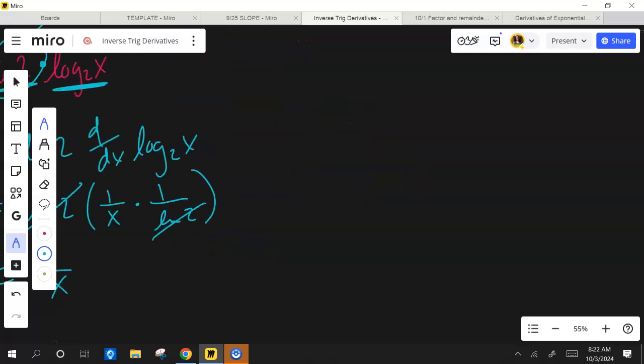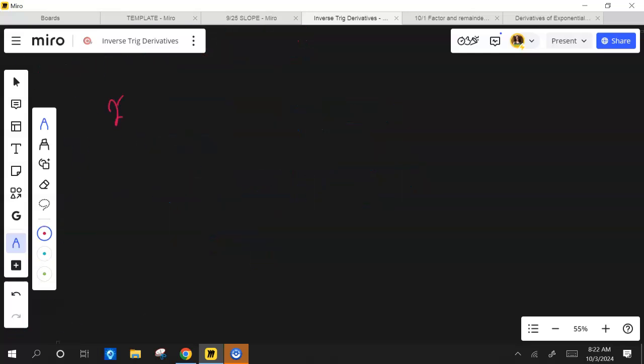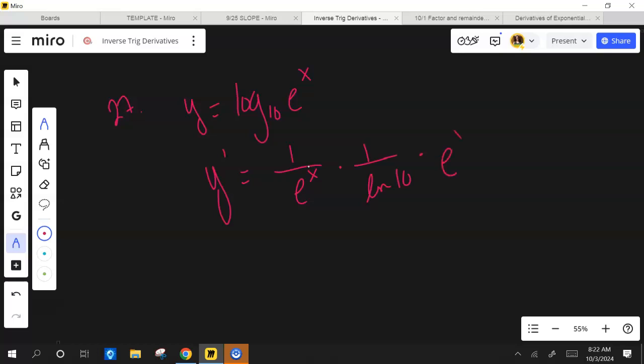What else from your, oh, 27. All right. Derivative here. 1 over the argument, right? Times 1 over the natural log of the base, but then I have to chain e to the x, right?